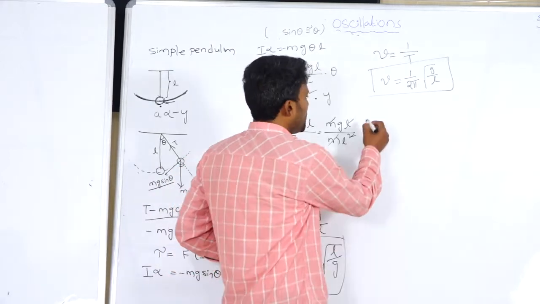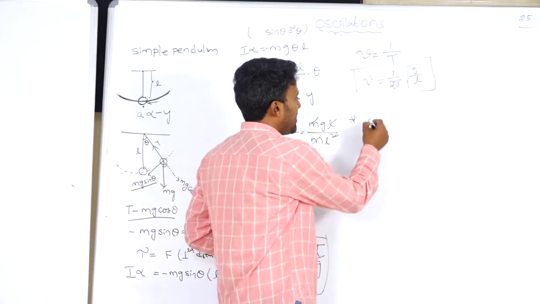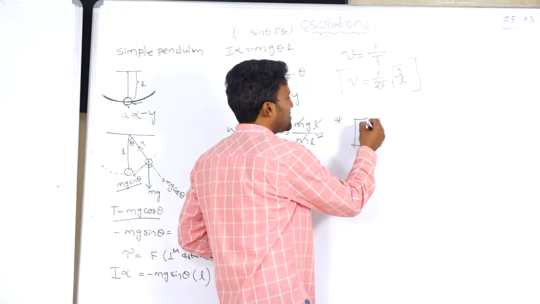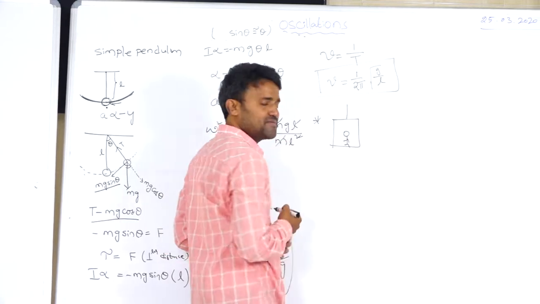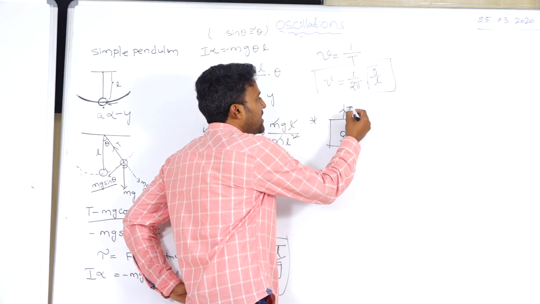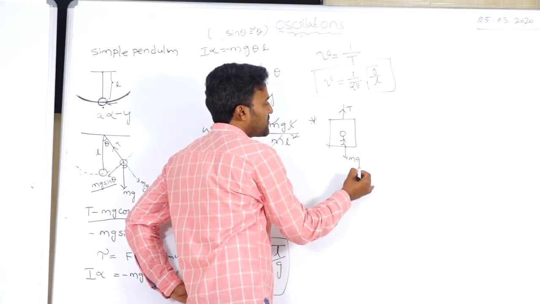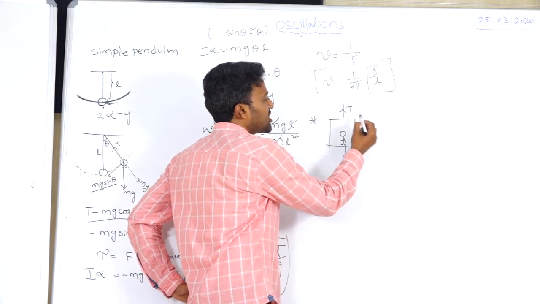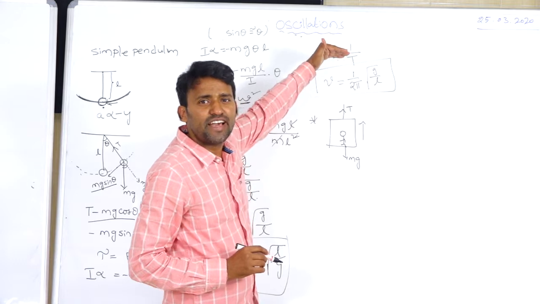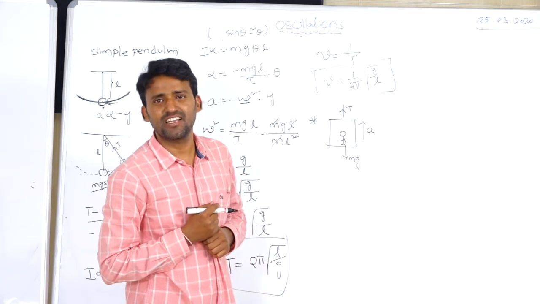We know this very well, it is in the laws of motion topic. This is the lift, one person is standing, connected to a string, rope. Now tension force is acting in the upward direction, and the weight of the object is acting downward. If the lift is going upward, that means it is accelerating.